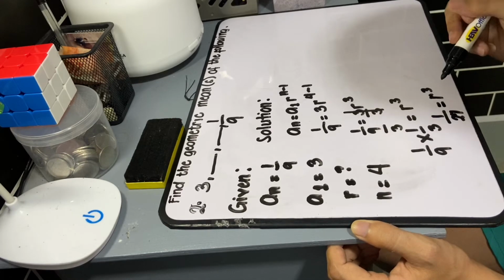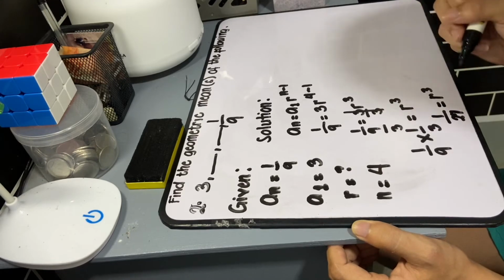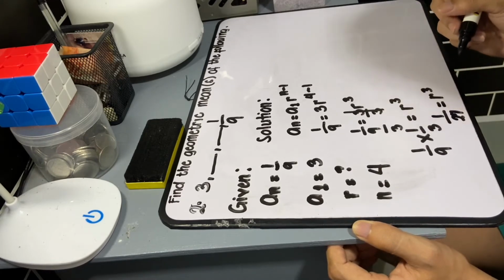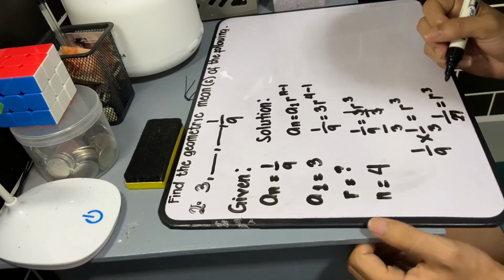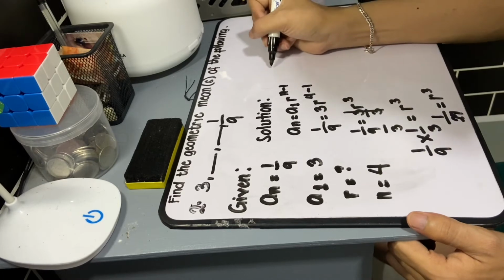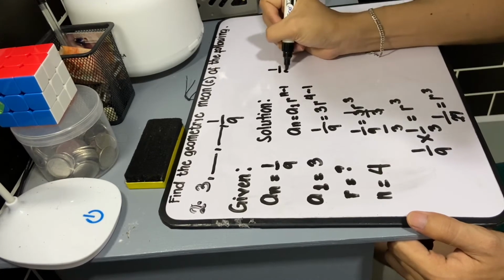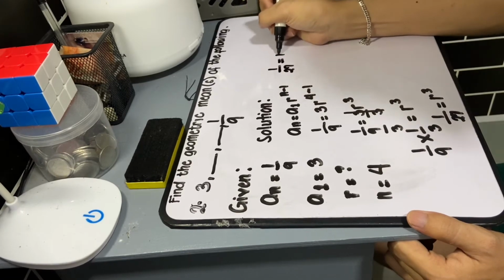Okay, so this time, we are going to get the cube root of r raised to the power of 3 and 1 over 27. So we have 1 over 27 equal r raised to the power of 3.